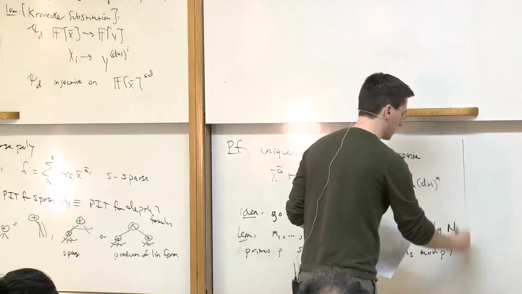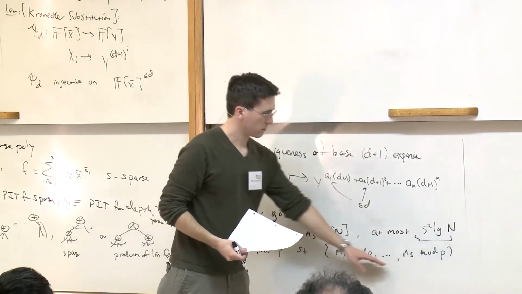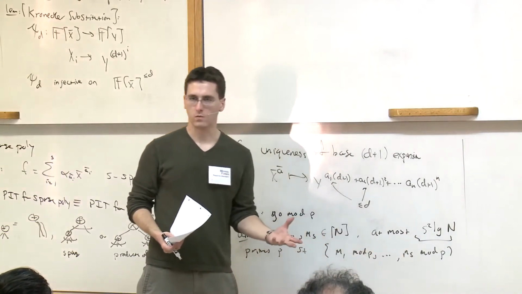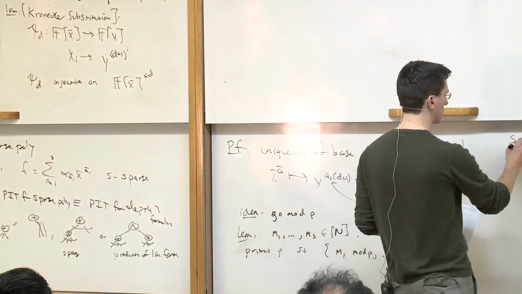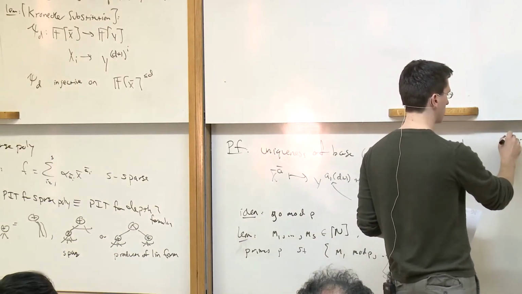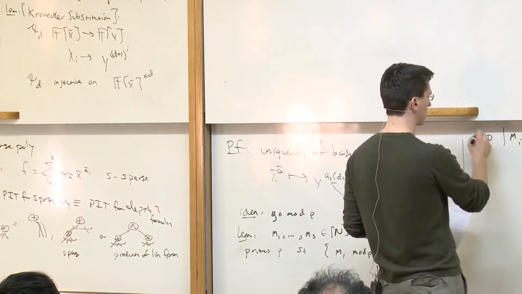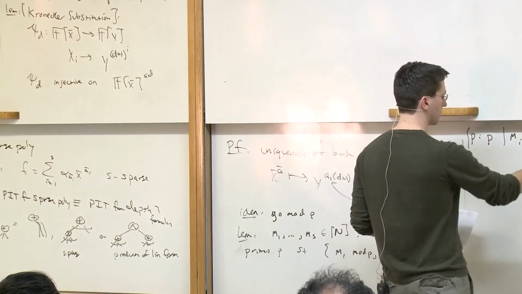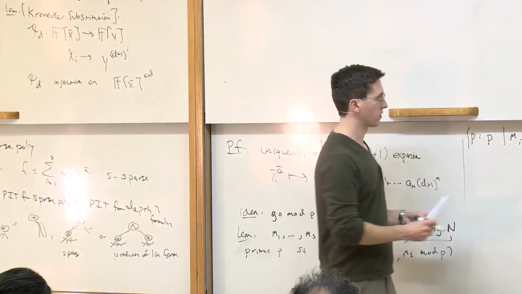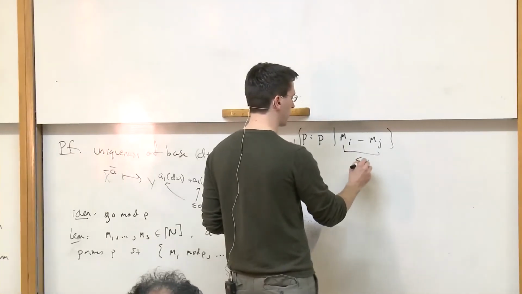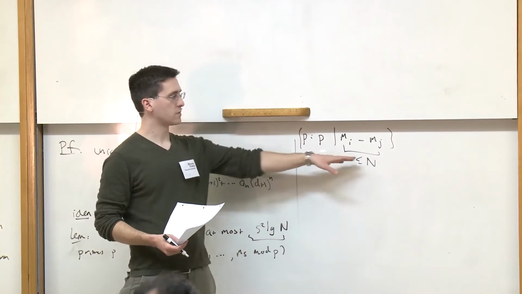So let's go ahead and prove that. How can elements in the set not be distinct? Certainly if any two of them are the same. So let's look at mi minus mj, and the primes p that divide this quantity. This quantity is of absolute value at most N. How many primes can divide this number?